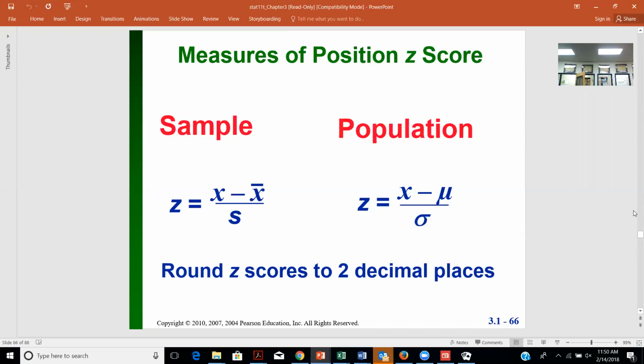We'll take a value, 27,531. We're going to subtract the mean.